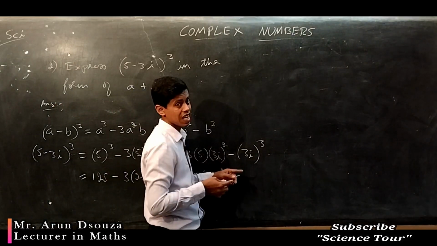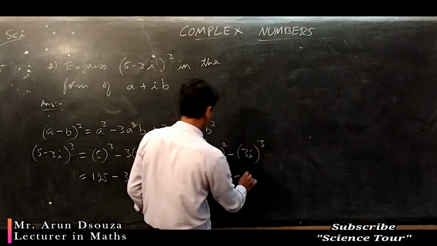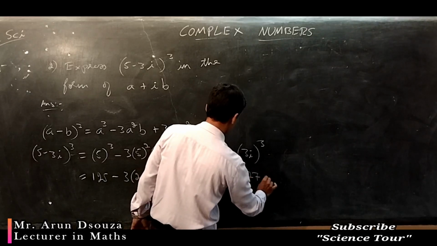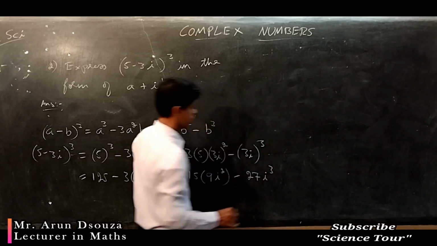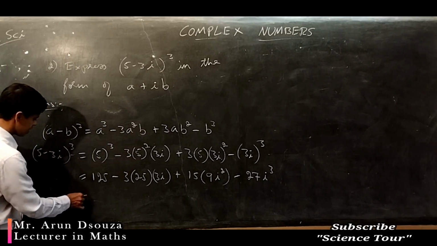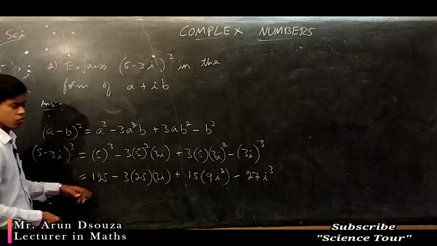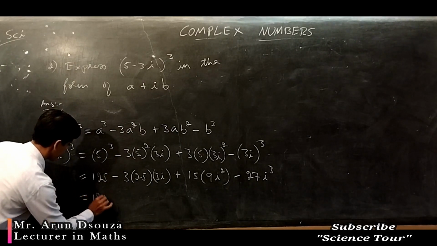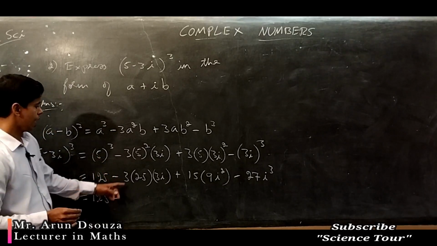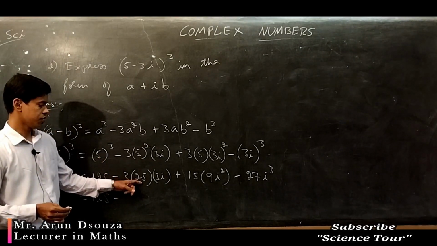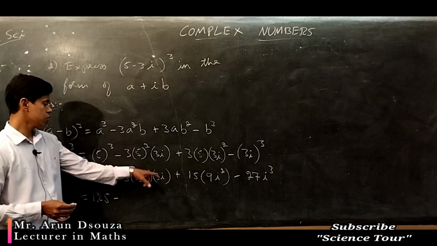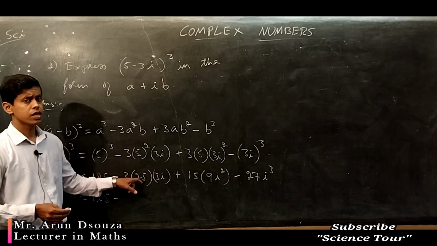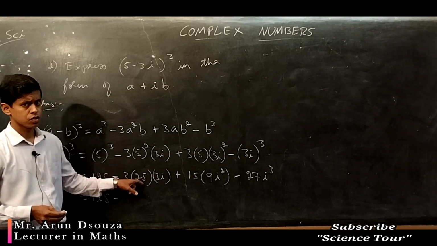So 3 into 3 is 9, 9 into 3 is 27, so that is 27 and i cube. Okay, next, so this is 125 itself, minus you have 3 into 25 or 3 into 3, 9, 9 into 25, how much?